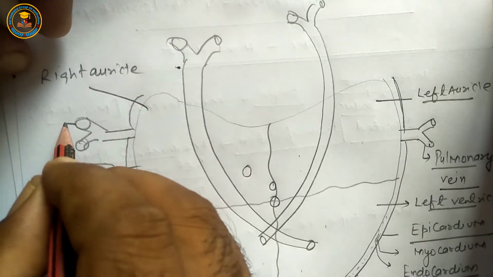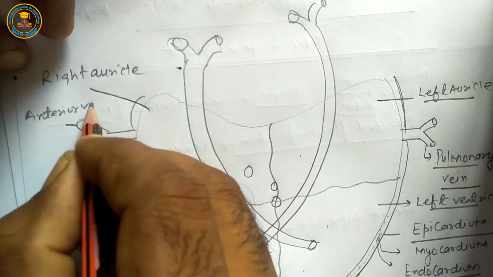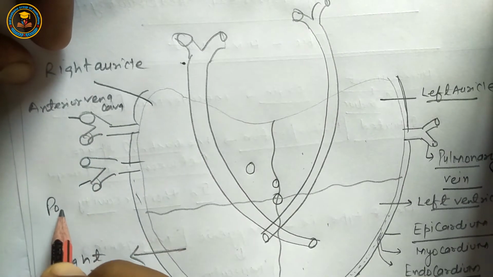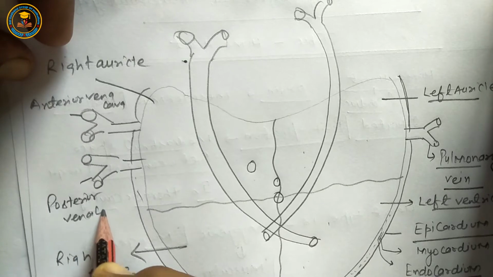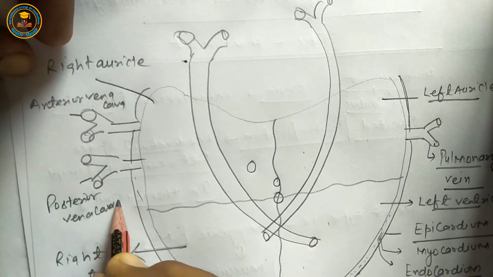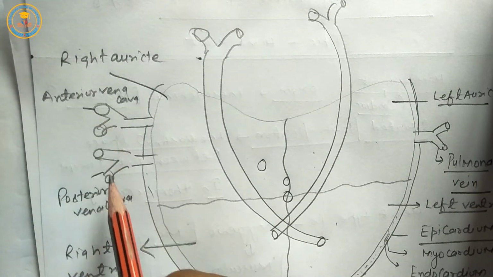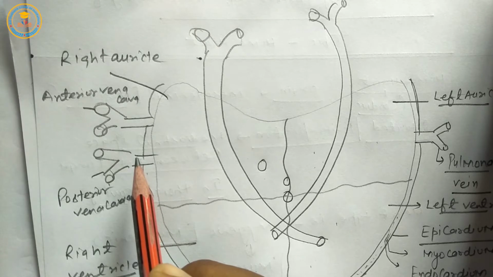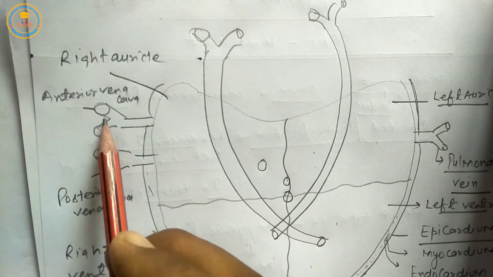Next, it is anterior vena cava. It is posterior vena cava. All human veins are properly integrated, properly bound, and open in the anterior and posterior vena cava.